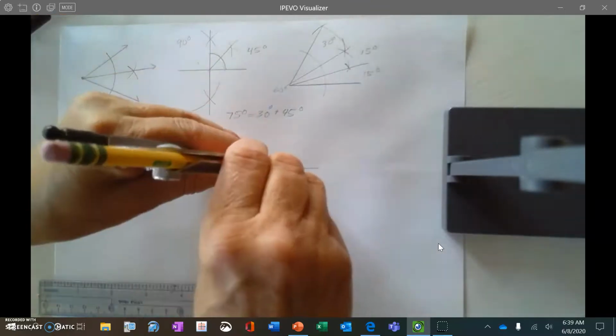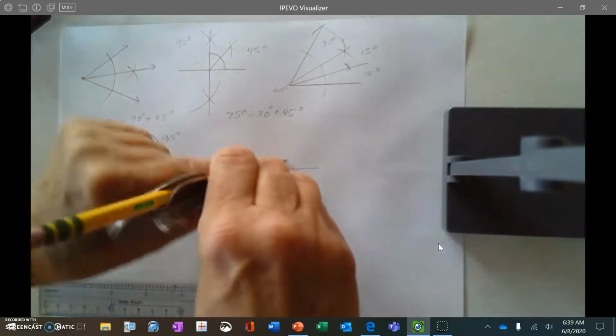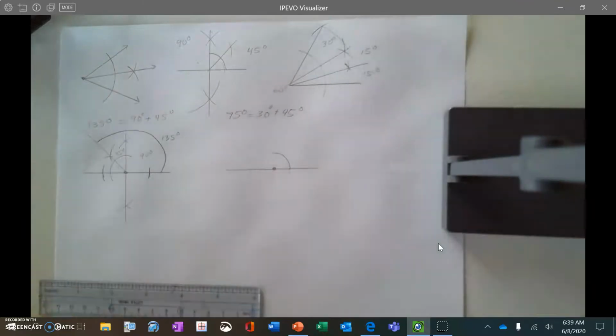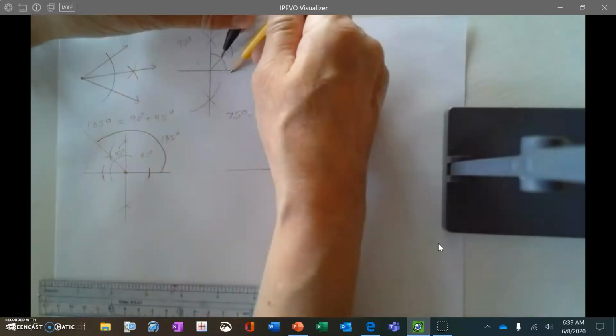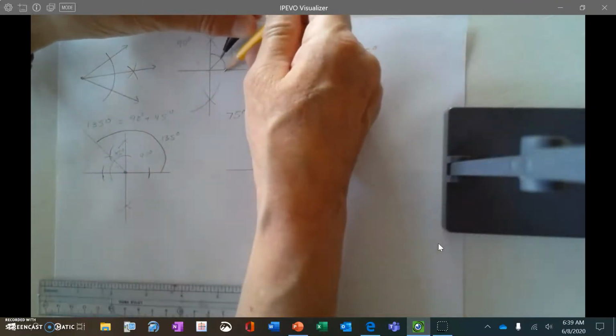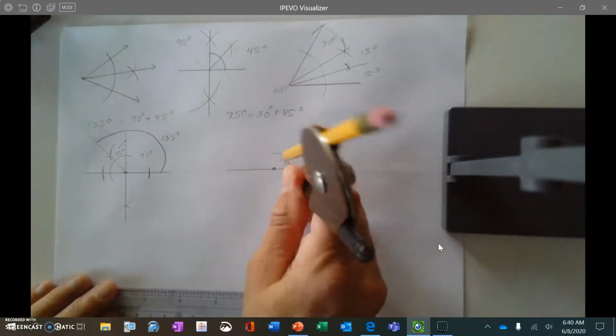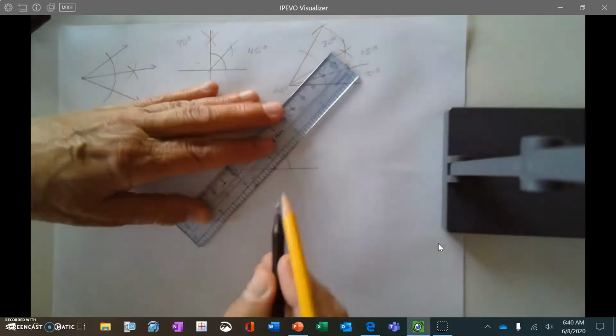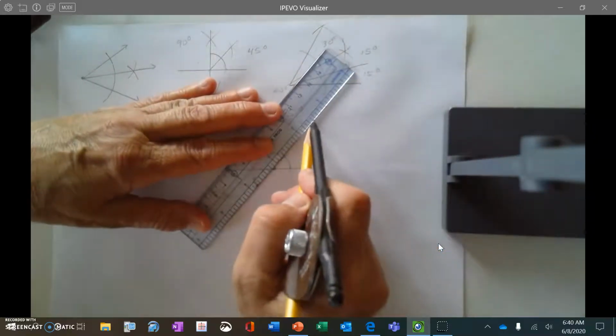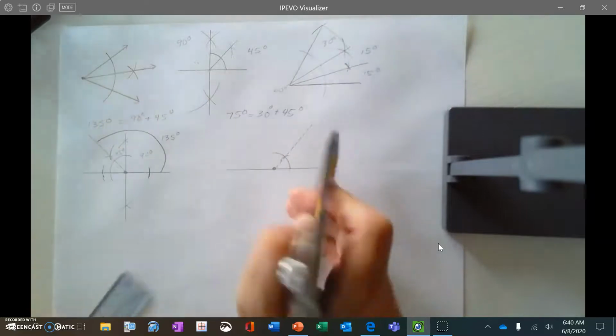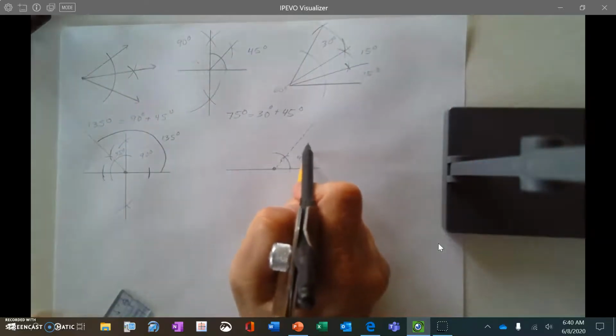So I'm going to make that same arc over here. So I'm just copying this angle. Open up my compass as wide as the 45-degree angle is open, and come back here and say this has to be open that much also. So I'm just going to do a dotted line here because this is not my final answer. So this is 45 degrees.